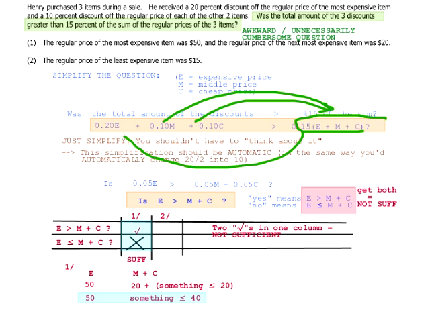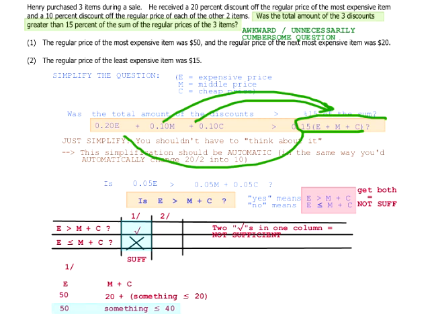So if you got this on your first pass through, then you don't need to think about the whole C trap thing. But if not, then you would definitely want to be second guessing if you were thinking about C here. Statement 2 only tells you that the least expensive item was a certain dollar amount. So E, M plus C, well, if we think about this, this has to be 15. Those other two could be anything, right?